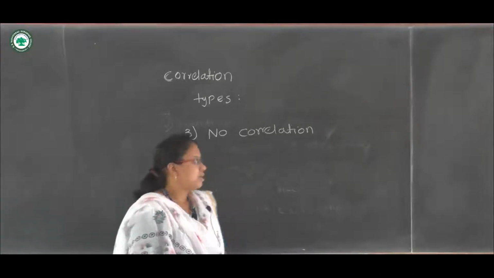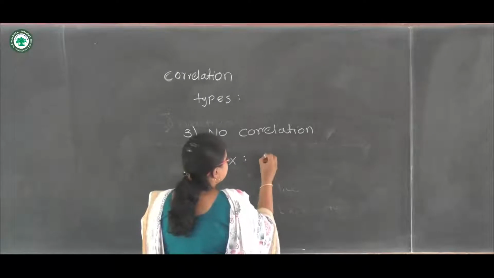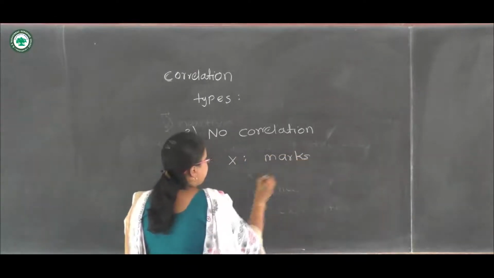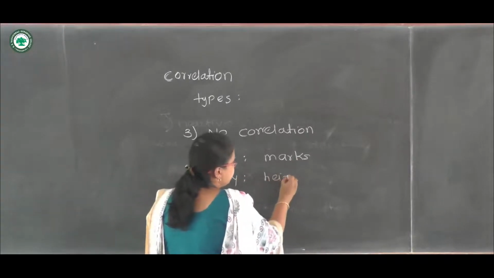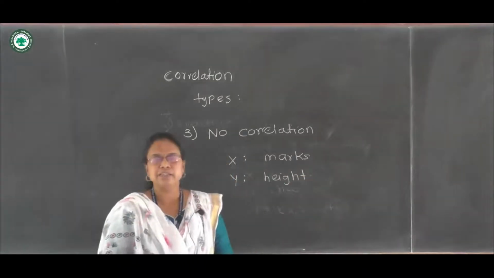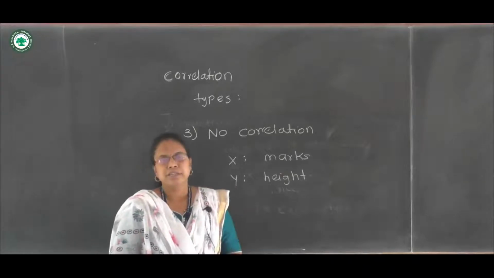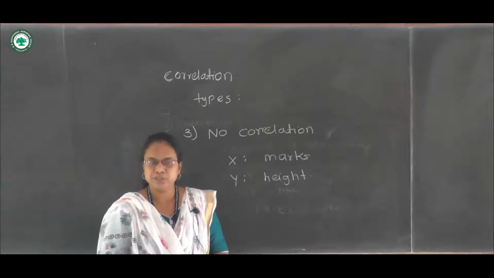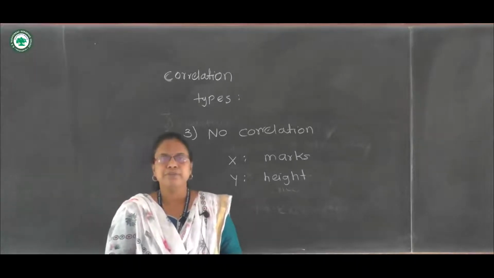For example, suppose X denotes the marks of a student and the variable Y denotes his height. If we take the data on these two variables, it will show that there is no relation between these two variables. So we say that there is no correlation between them.